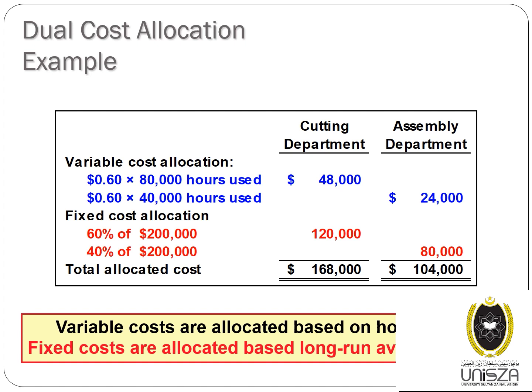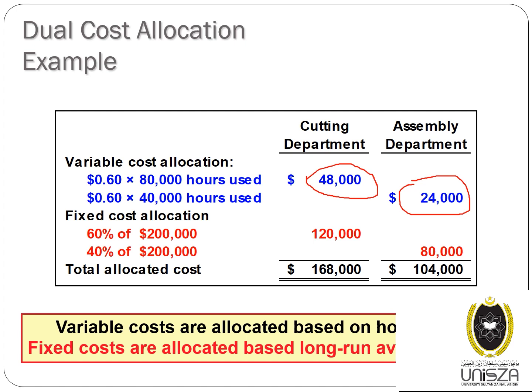So the cutting department used 80,000 hours at 60 cents an hour for an allocation of $48,000. And the assembly is allocated $24,000. This is the rate applied here. That's for the variable.